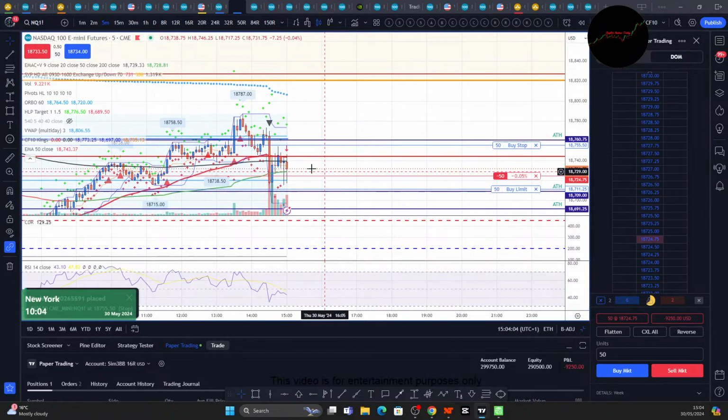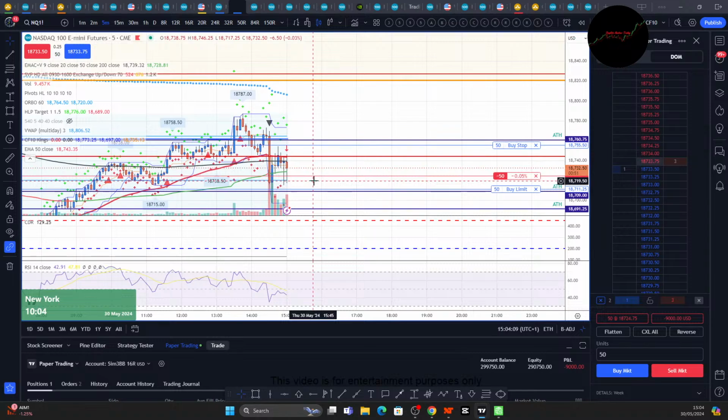Prices just seem a little bit heavy. Again, could be bought back up here. Seems like it is a case. Risk reward on that isn't great, is it? After a move down like that.